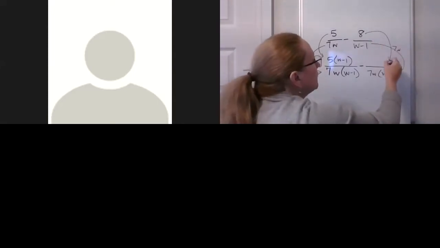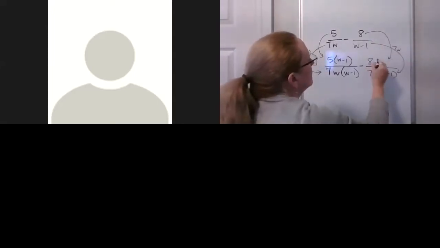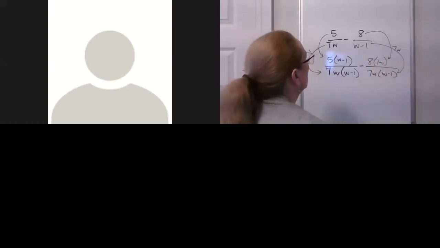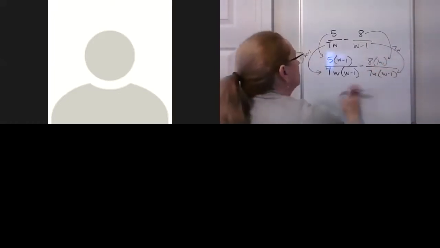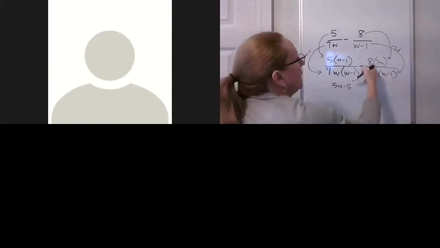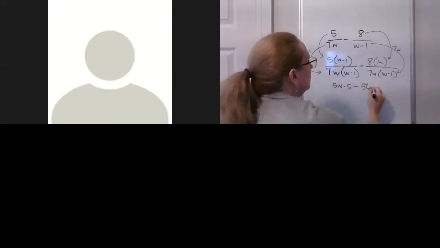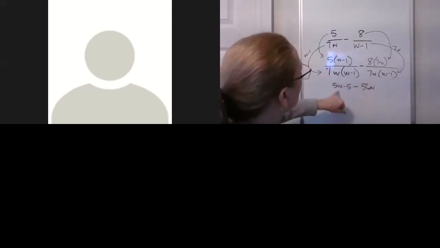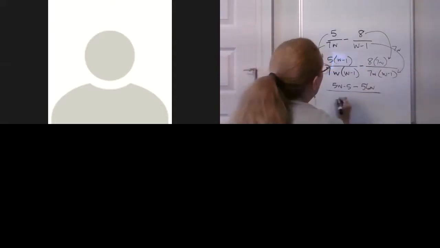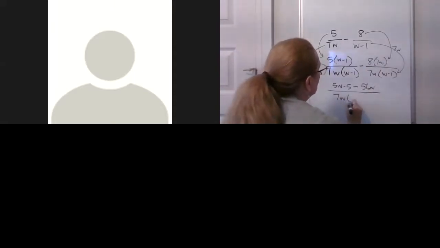So now we're going to multiply that 8 times 7W. So in the numerator, we get 5W minus 5, negative 8 times 7, 56W. To make sure I didn't leave any of my variables behind this time, all over 7W times W minus 1.